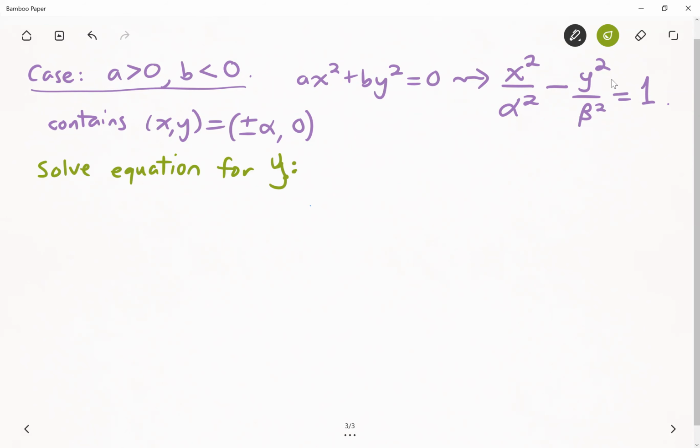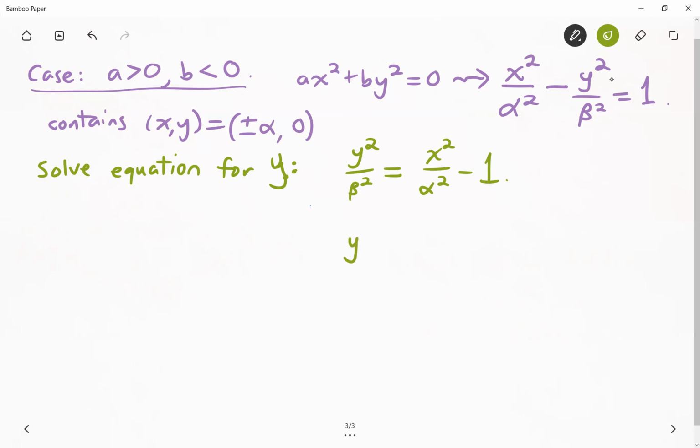I'm going to move the y squared divided by beta squared onto one side, and I'll move the 1 onto the other side, and I'll end up with y squared over beta squared is equal to x squared divided by alpha squared minus 1. Again, I'd like to solve for y, so I can multiply both sides of this equation by beta squared, and then take the square root of both sides.